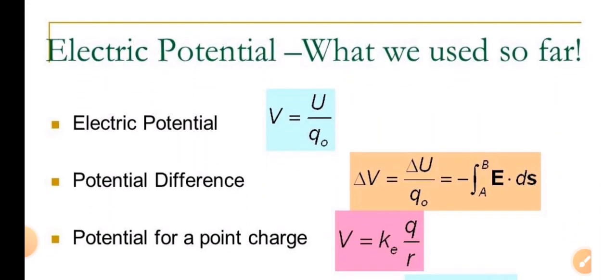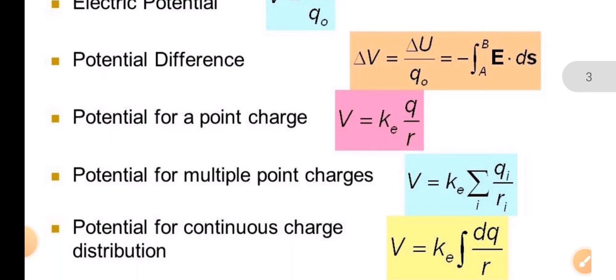Remember these electric potential formulas: V is equals to U divided by q naught, and potential difference is delta V is equals to minus integration of a to b E dot ds. Potential for a point charge V is equals to k q upon r.